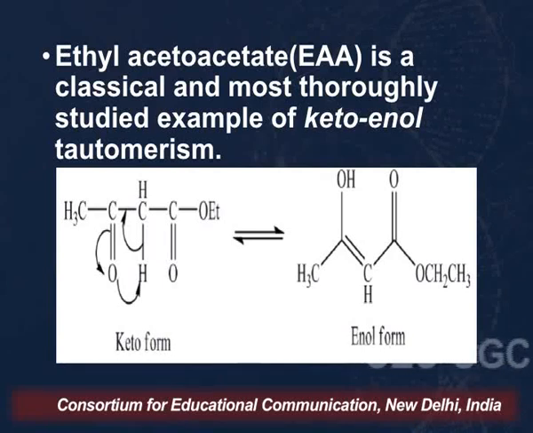Here I would like to explain again the difference between the enolic form and the other form. Enol is the form of an unsaturated alcohol. In enolic form, OH is attached to the carbon containing the double bond.